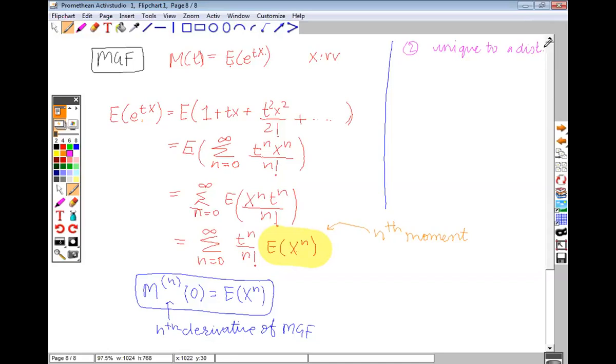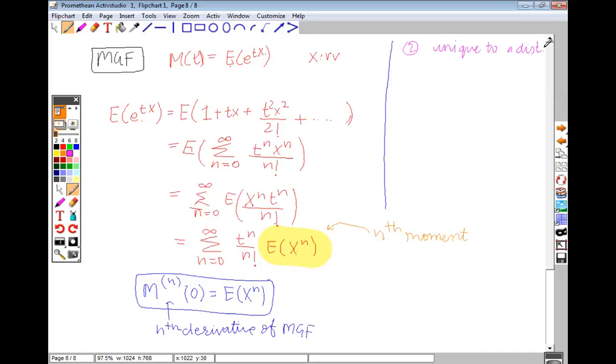Let's say I give you some random variable x and another random variable y, and I say that they have the same MGF. What would it imply? It will imply that they have the same distribution as well. This is very difficult to prove, and we don't need to know the proof. We are happy with knowing that this holds true for all the cases that we are concerned with. All right.